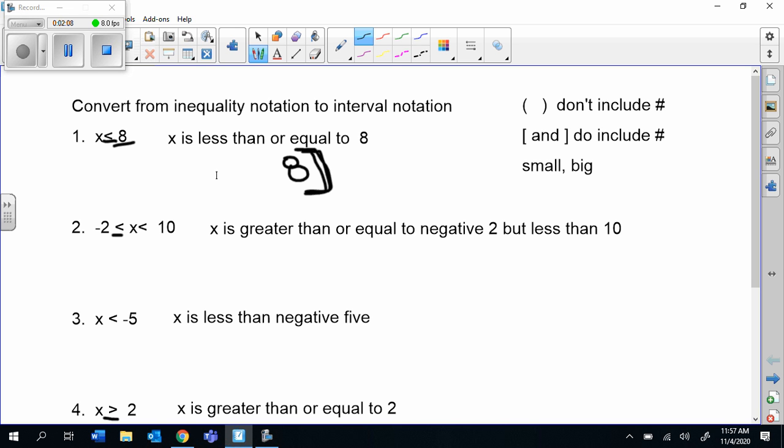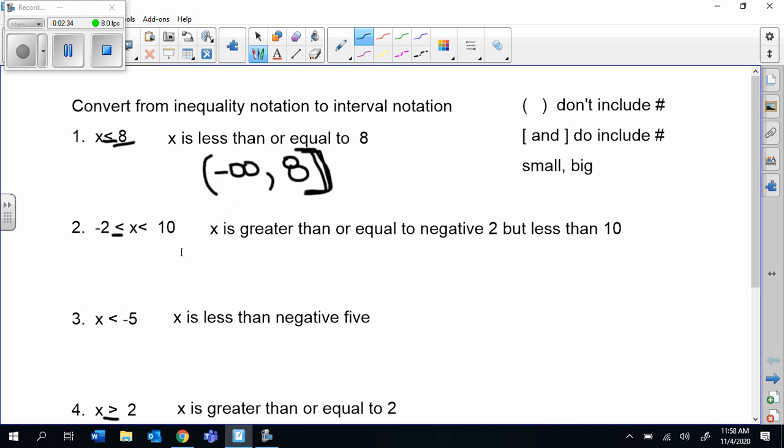And then it could be anything smaller than that. Literally, there's no end to how small it could be, so it's going to go all the way down to negative infinity. That's our smallest amount. And since you can never quite get to infinity, positive or negative, infinity is always going to have a soft-sided parenthesis near it. It's never going to be a bracket.